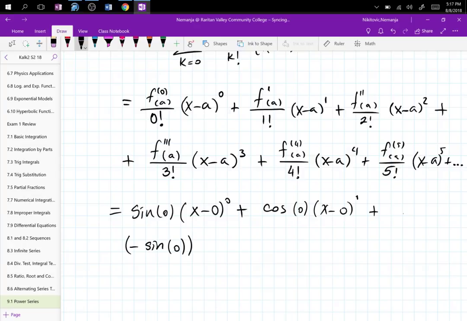Negative sine of 0, and then we have times x minus 0 squared, because we use 2. So, plus, no, minus, we'll put in parentheses. So, cosine of 0, and then x minus 0 cubed.